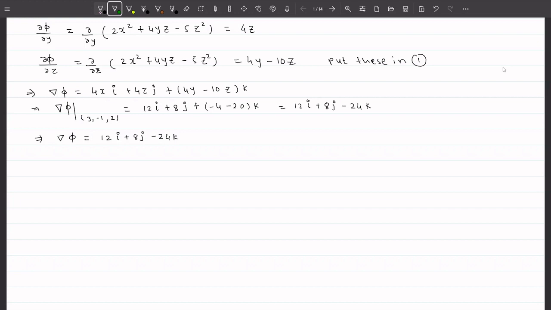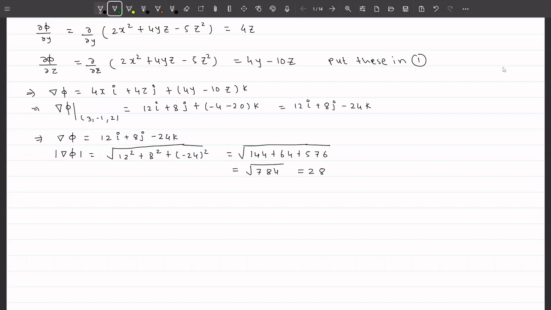Now we need to find the length of this. The modulus of ∇φ is the square root of 12² + 8² + (-24)². So the square root of 144 + 64 + 576, which is the square root of 784, and it is 28.